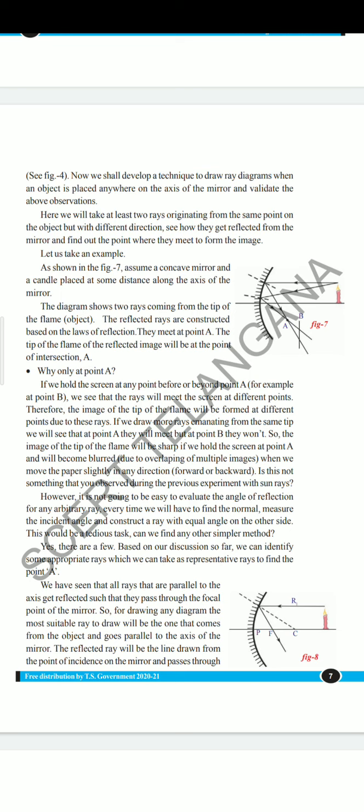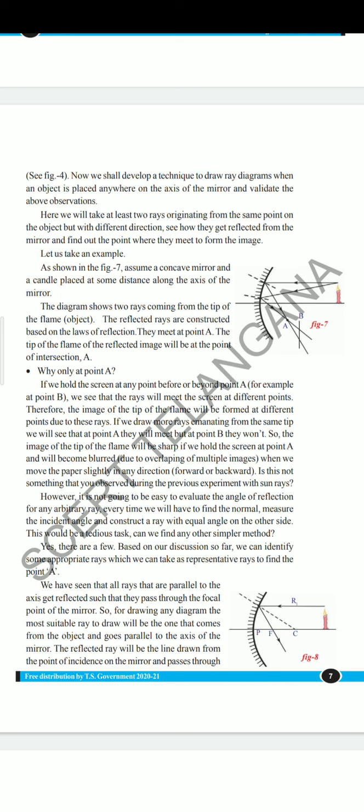So the image of the tip of the flame will be sharp if we hold the screen at point A, and will become blurred due to overlapping of multiple images when we move the paper slightly in any direction, forward or backward. Is this not something that you observed during the previous experiment with sun rays?